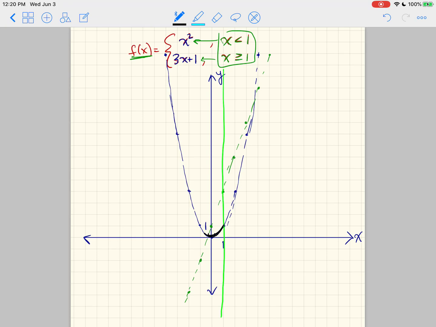So I'm going to follow the quadratic. And then on the right side of x equals 1, I should have a line. So I'm including the line because it's equal to 1.